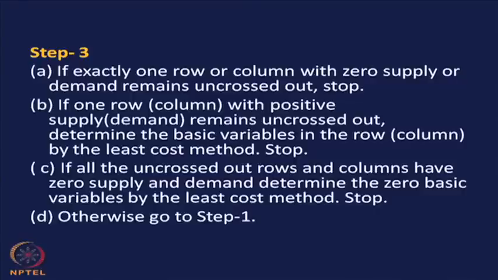Now, come to step 3. In step 3, if exactly one row or column with 0 supply or demand remains uncrossed out, then stop.